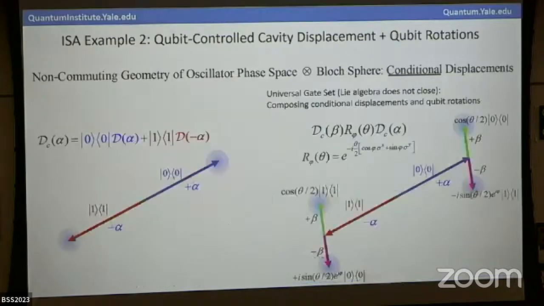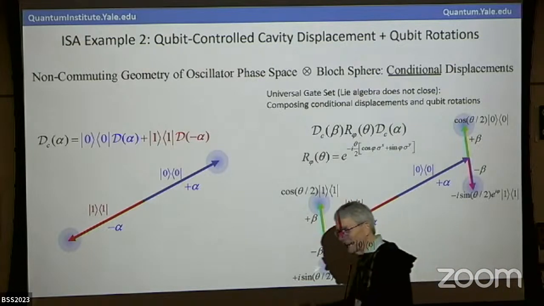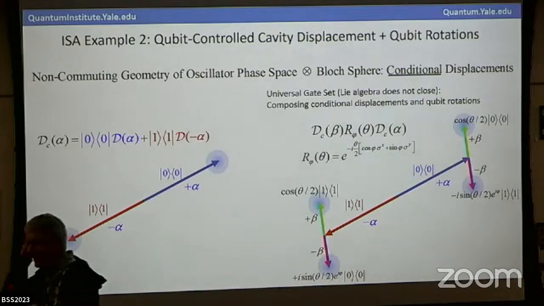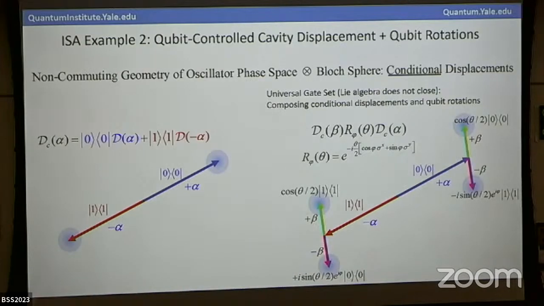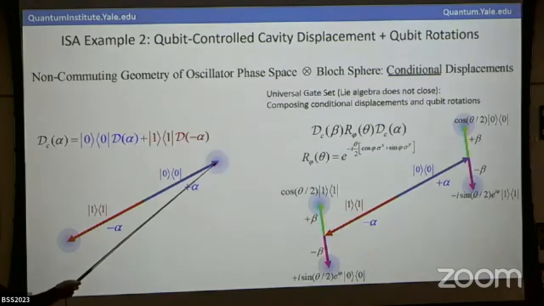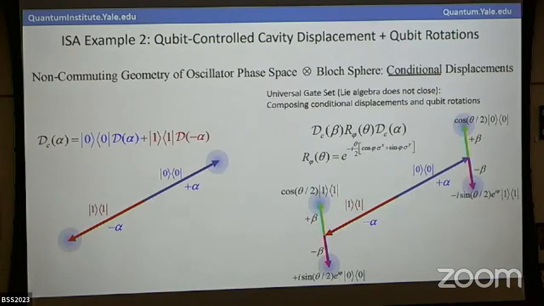Okay. All right. So now let's start thinking a little bit about how in the world this gate set can give you universal control. I showed you if you started in the vacuum, did a controlled displacement in some direction, you would end up with this. So here's qubit in 0, qubit in 1. Now let's apply some qubit rotation. So this becomes like maybe minus X. Apply a Hadamard. This becomes plus X qubit state, minus X qubit state.